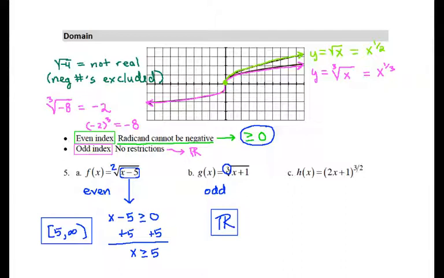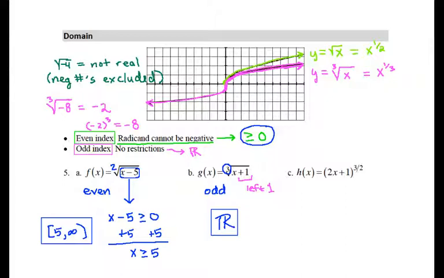This would be the cube root graph shifted left 1. Shifting left doesn't change the domain if the domain was already all real numbers. So looking at our cube root graph, which is the one in this kind of magenta color up here, we can see that it has domain all real numbers. Shifting it right one should, or sorry, left one should also have domain all real numbers.